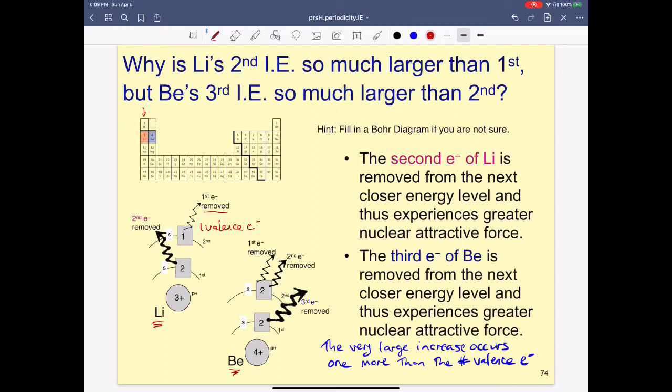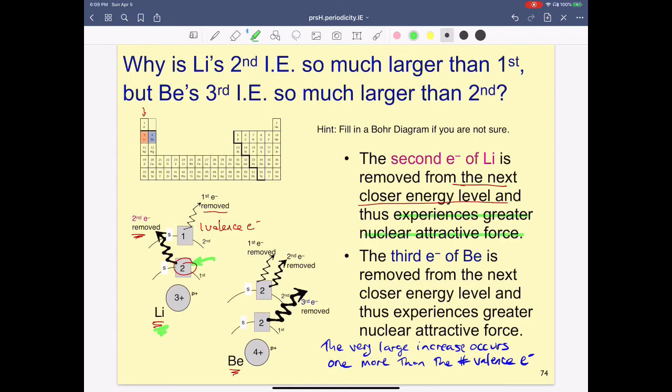But then trying to take the second electron, it is in the next energy level closer to the nucleus, and will experience a much greater attractive nuclear force, because it's closer, and it would be a higher effective nuclear charge. Even though the nucleus hasn't changed, there are no electrons in between, this next second electron for lithium that is being removed.